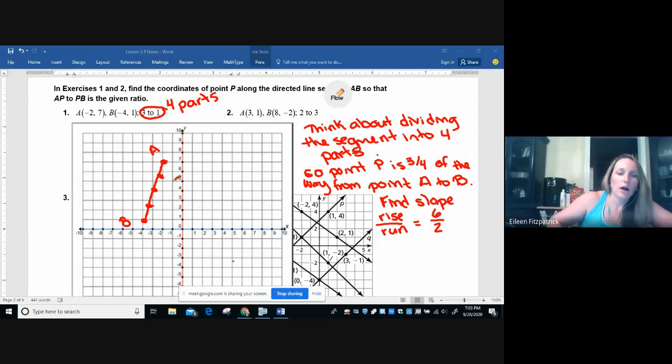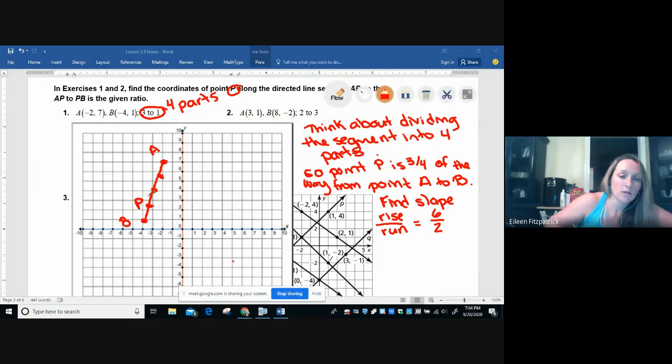All right, so I just broke our segment into 1, 2, 3, 4 equal pieces, right? 4 equal pieces. And if this point P is 3 to 1, right? If I go 3 parts away, 1, 2, 3, that would be point P. This would be point P. All right, and point P is in the ratio of 3 to 1.